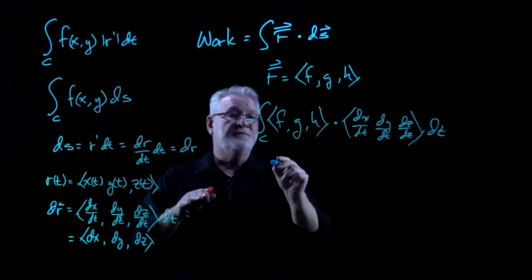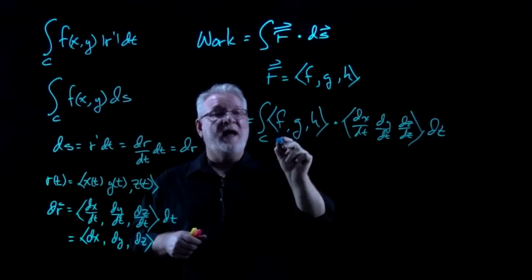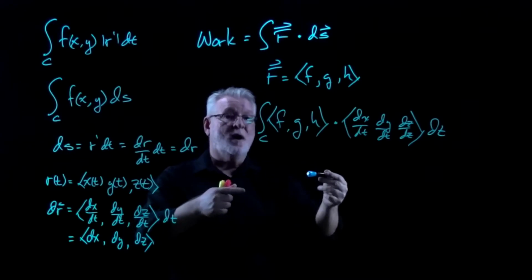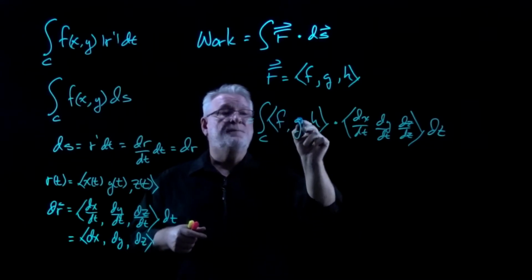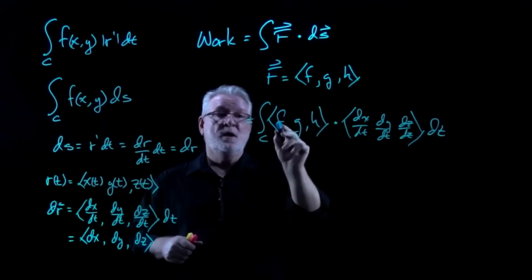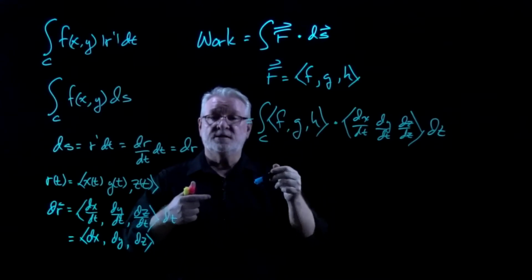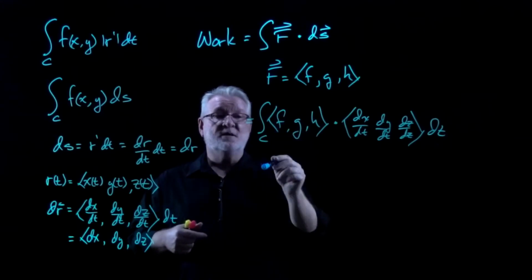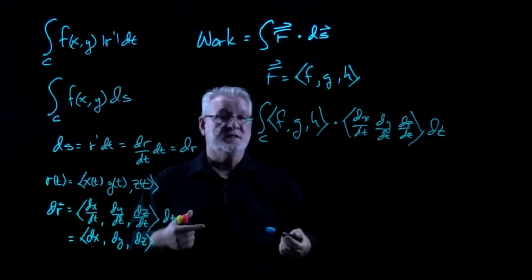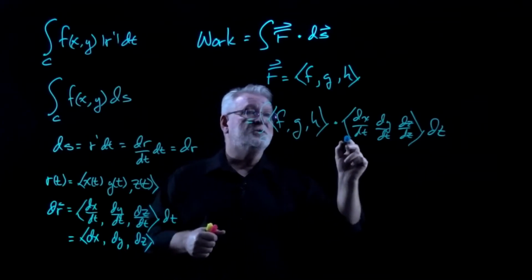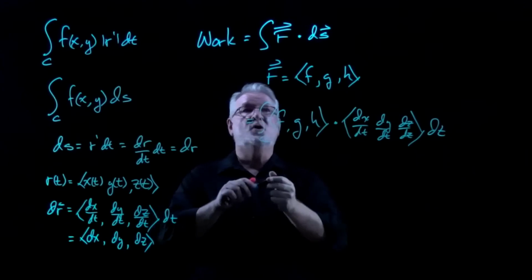Now, in order to perform this, of course, this is going to be F in terms of x, y, or z. The individual components of F aren't limited to F being just its x component. Its x component can be in terms of y or z. So what I would need to do is use the parameter for r.